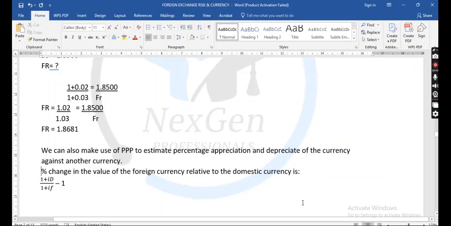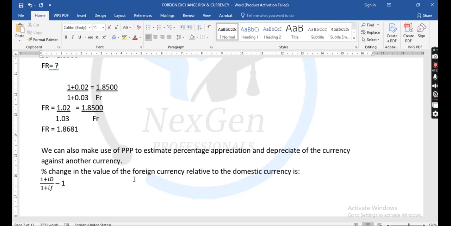Now, just picture it that way. Don't forget that we can also make use of purchase power parity to estimate the percentage appreciation and depreciation of currency against one another. What is the formula for calculating the percentage depreciation of a currency?